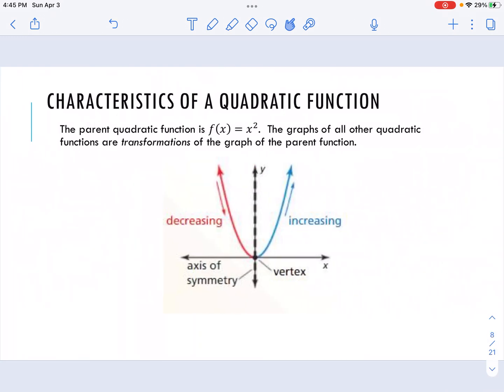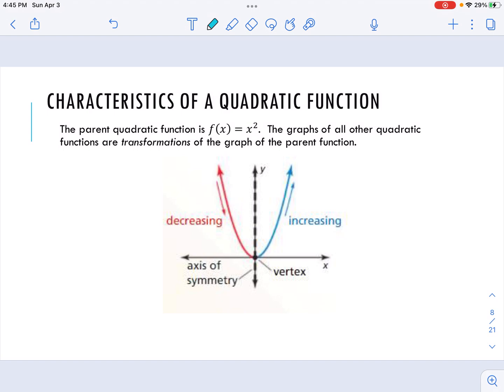So our focus of the lesson is to really start to pinpoint characteristics of a quadratic function. We've talked about how the parent function of a quadratic function is f of x equals x squared. Every graph that we're going to be exploring here in this unit will be the graphs of all other quadratic functions that are transformations of the graph of the parent function.